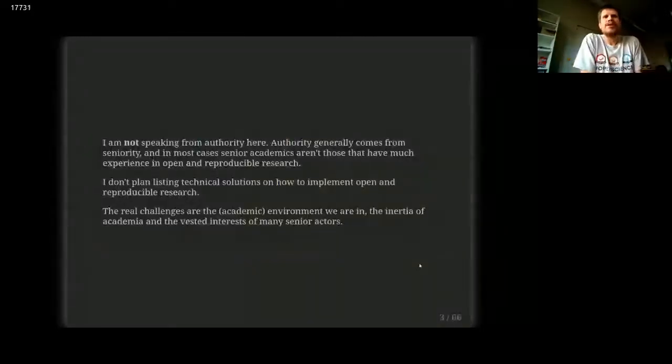Another thing I don't plan to do is talk about technical solutions and how to implement open and reproducible research. I'm not going to do this because you are probably very competent in these domains, and you'll have the possibility to interact with each other about it. Feel free to ask questions or follow up thereafter over Twitter or so, if you would like advice on that part.